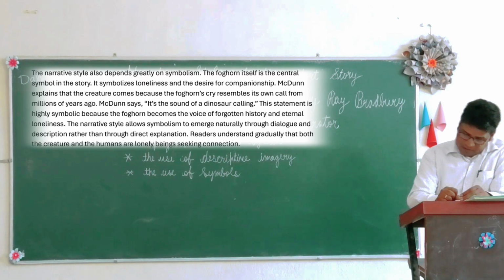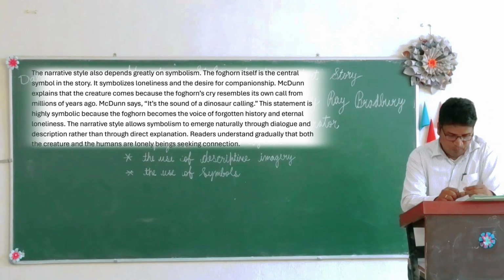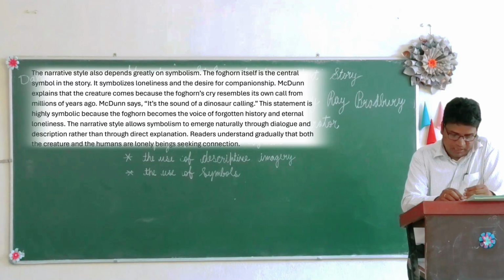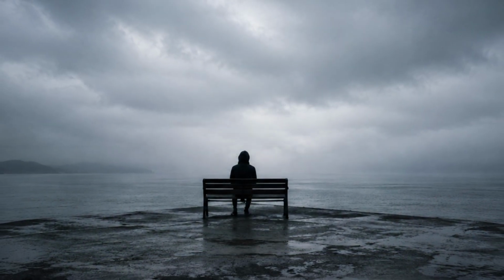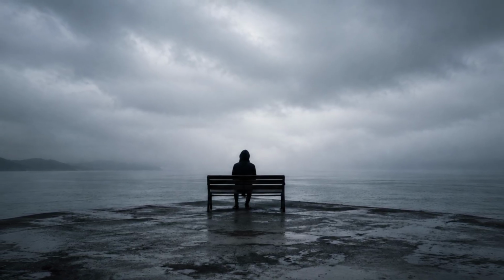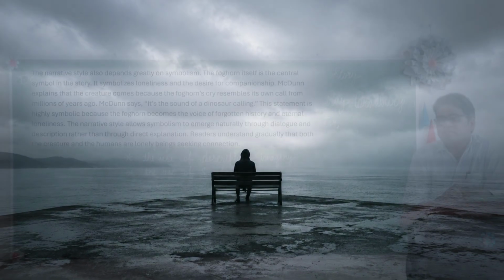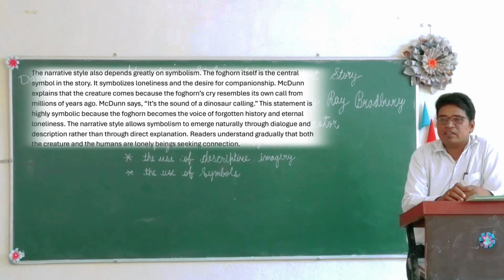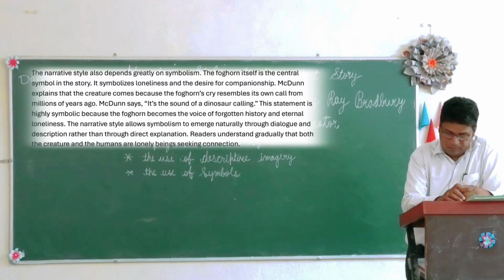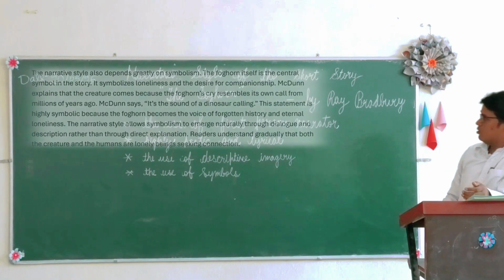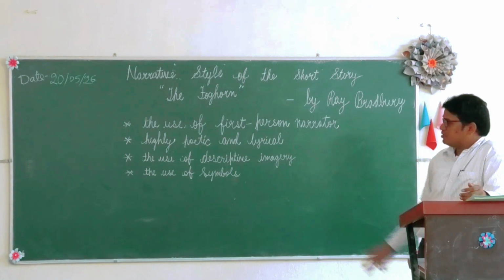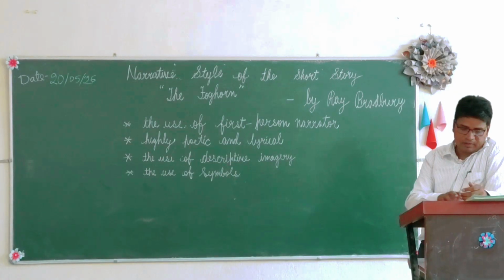We can understand gradually that both the creature and humans are lonely beings, seeking connection, seeking friendship, seeking companionship. So these are the 4 points we discussed.